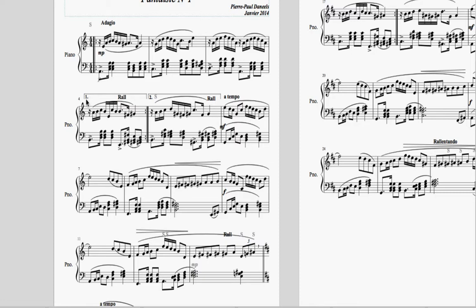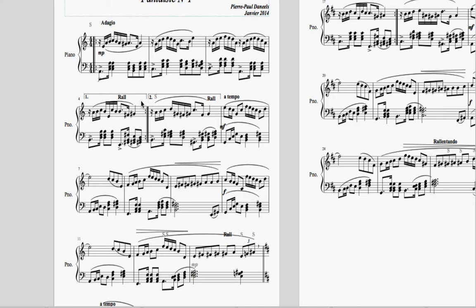So this means first ending, second ending. We play from the beginning to here, then we play the first ending, then we go back, and then we play to here, skip this bar, play the second ending, and then we continue on through the rest of the piece. That's a repeat with two different endings.